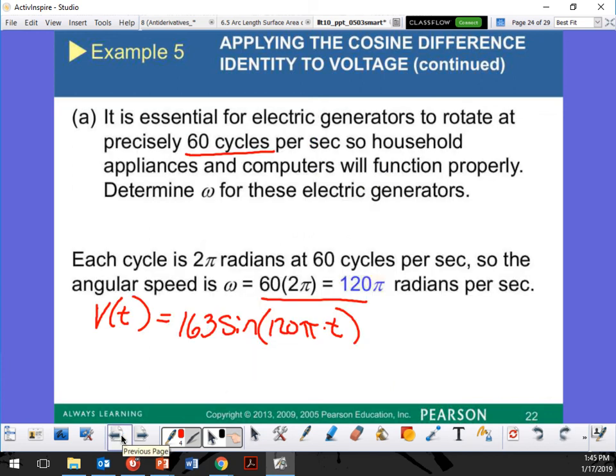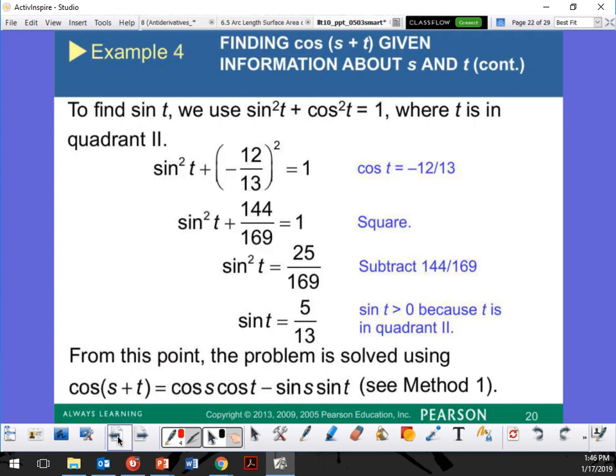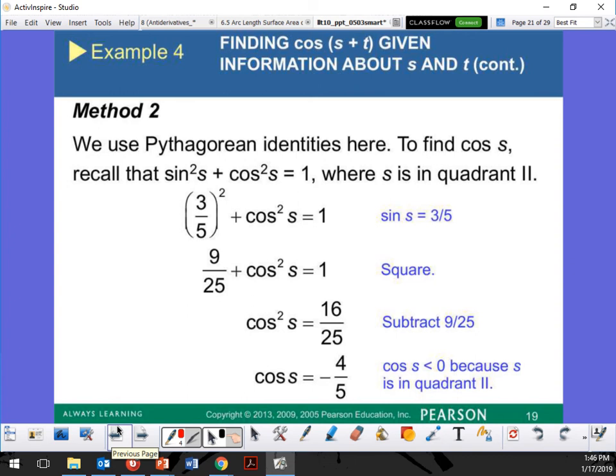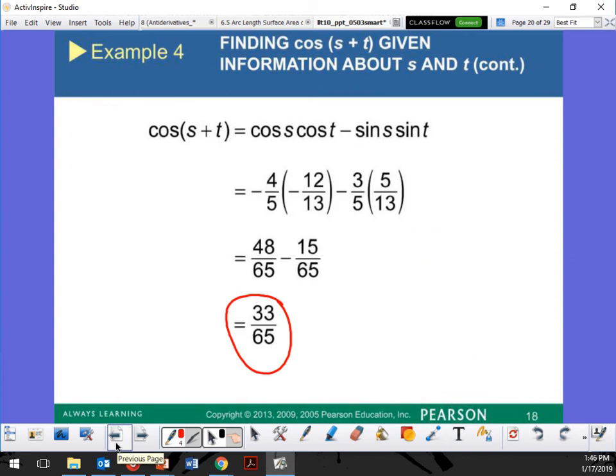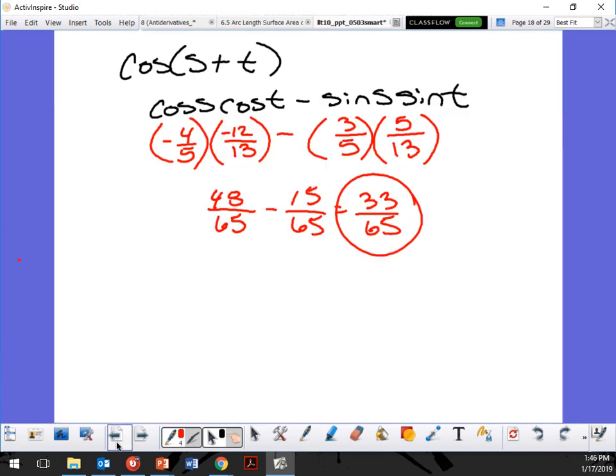No, you lost me when you were talking about the method 2, and then you just went on to that. Okay, look. Don't do this. You're gonna have a seizure trying to do the math. What's my answer supposed to be? 33 over 65. Is that what we got?